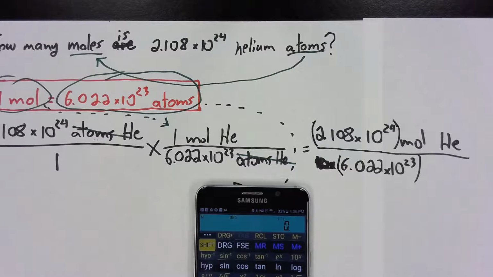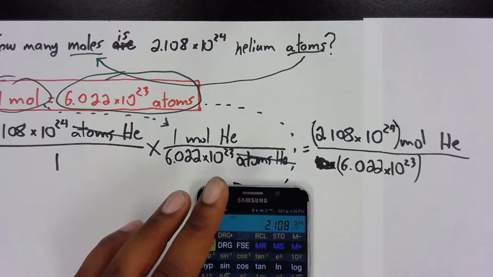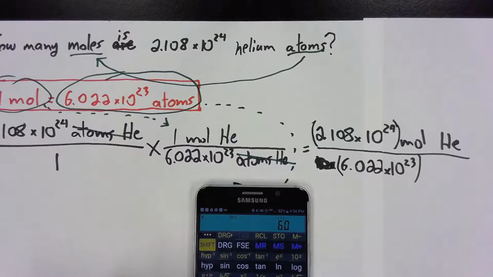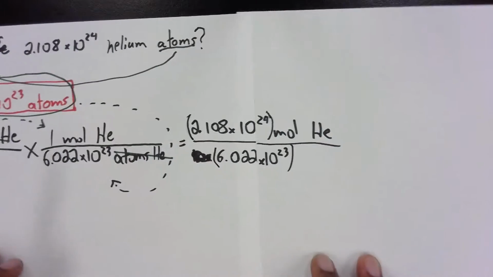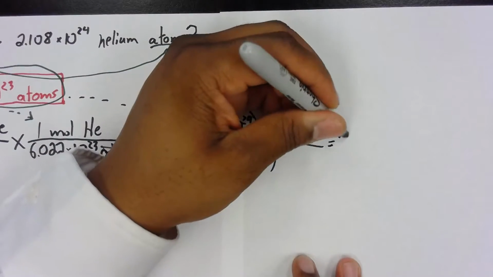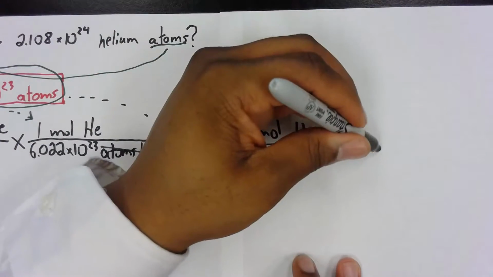Open parentheses, 2.108 times 10 to the 24th, close parentheses, divided by, open parentheses, 6.022 times 10 to the 23rd, close parentheses, and then I get 3.5. So it appears that my final answer is going to be equal to 3.5 moles of helium.